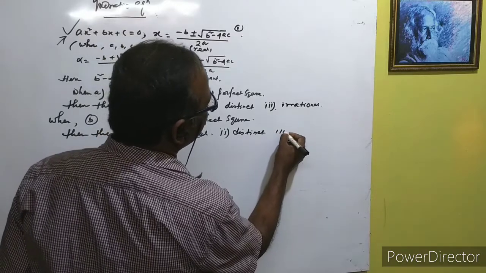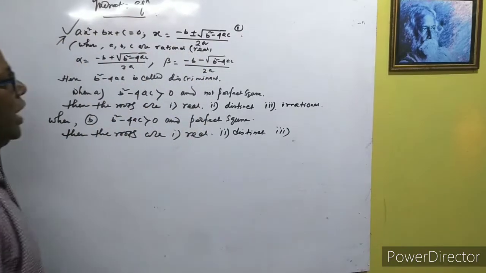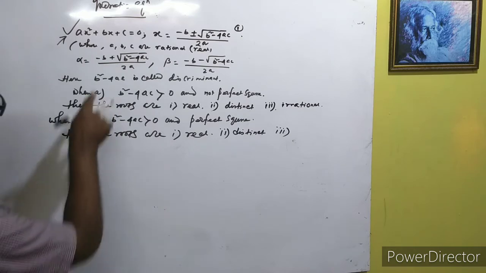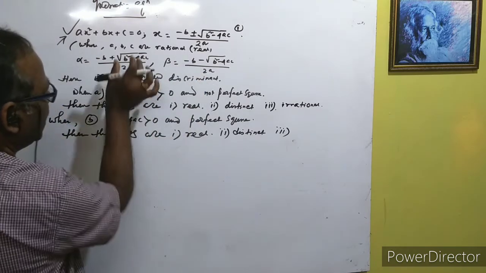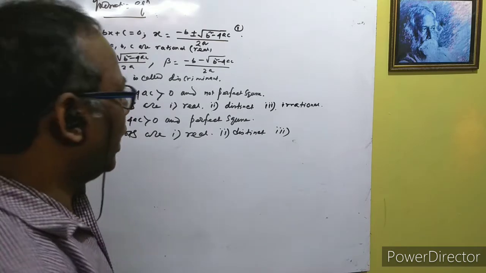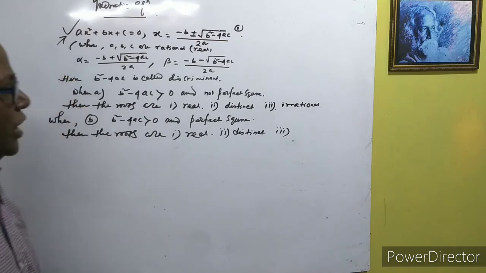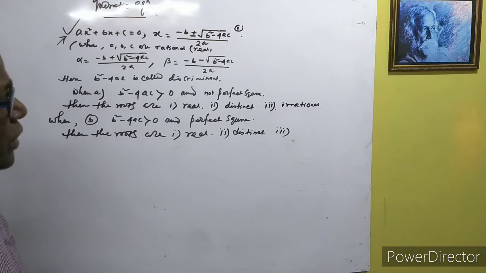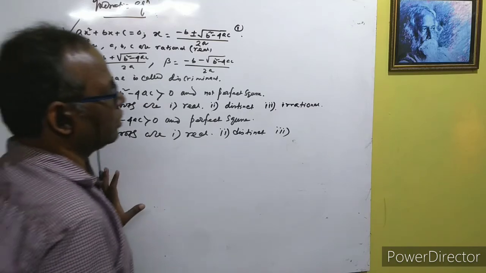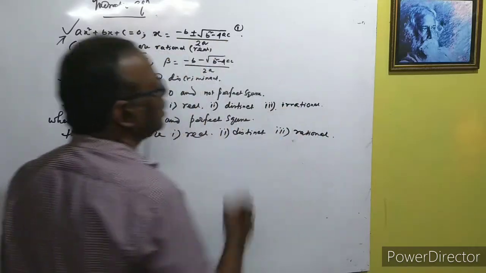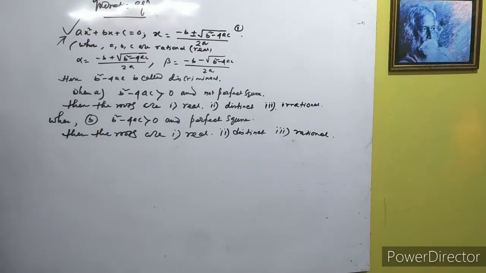And number 3 is very important: as mentioned here, a, b, c are rational. So a, b are rational, and the value under the root of b square minus 4ac is a perfect square like 9, 16, 25, 81, and so on. So it should be free from the root, and that's why it's called rational, not irrational. It will be root free.